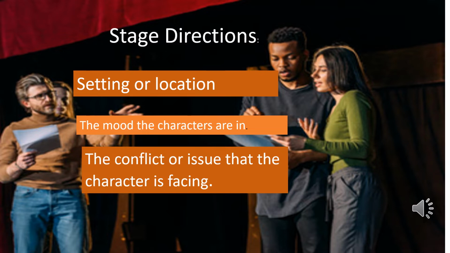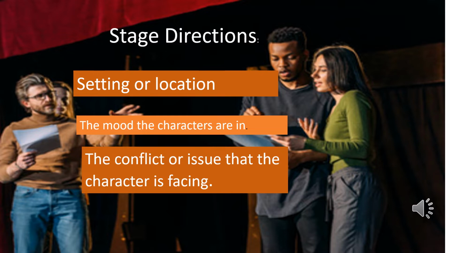Information that may be disclosed in the stage direction is as follows. One, the setting or location. By setting, we are talking about place and time: the place where the event is taking place, and the specific or approximate time, whether it's 1 o'clock, 2 o'clock, or 12 midnight.